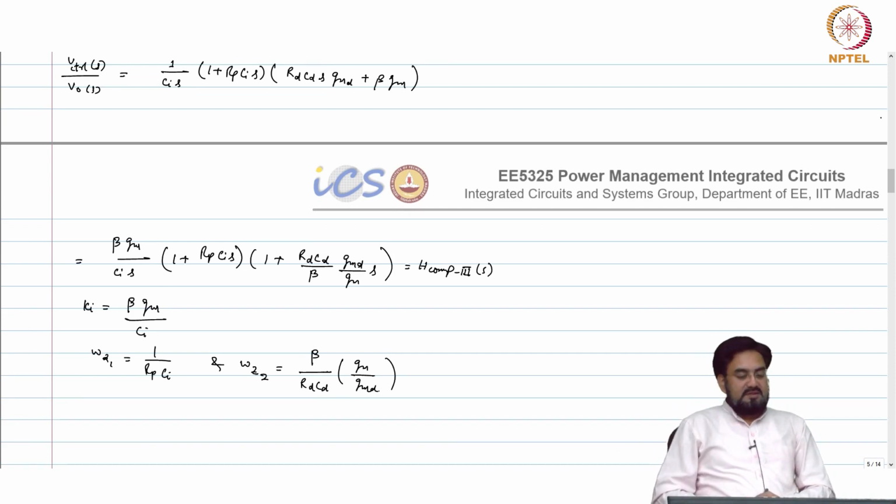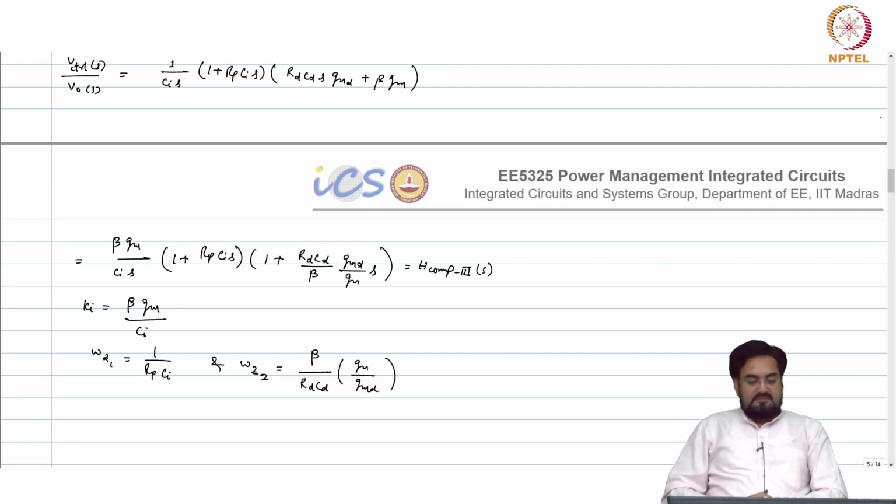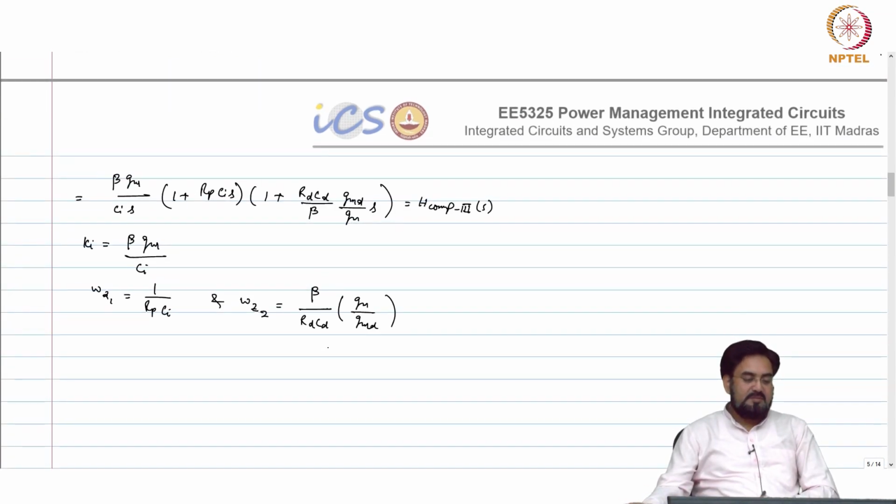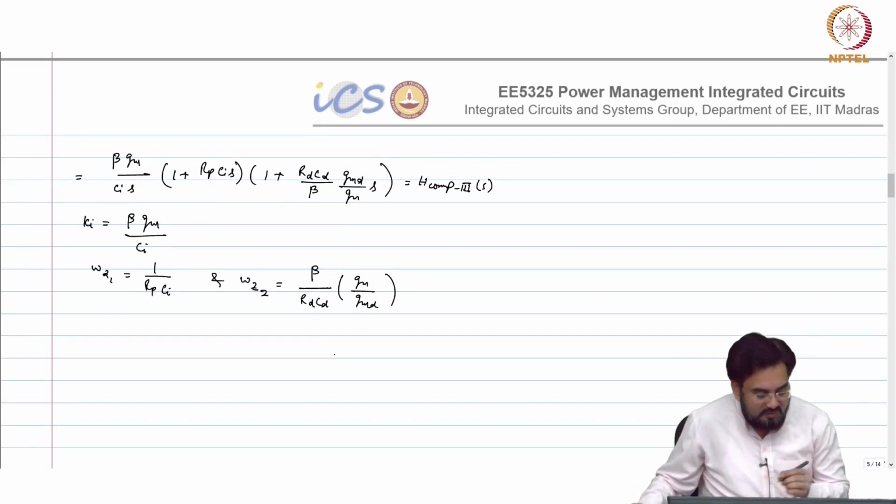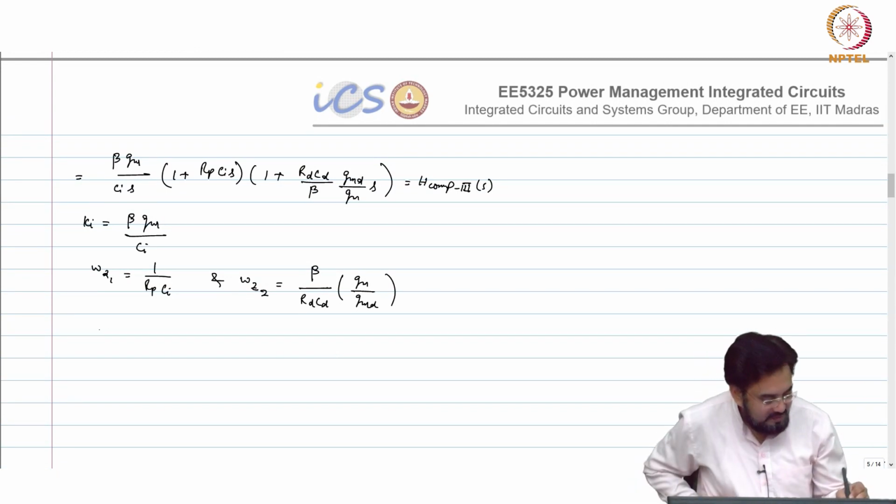Okay. So what does it mean? So beta RDCD you have already fixed. RDCD is very small compared to omega UGB. So let's say I keep beta equal to 2, RDCD equal to, beta should be sorry, half.